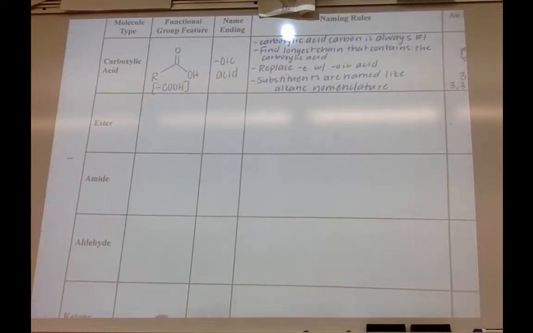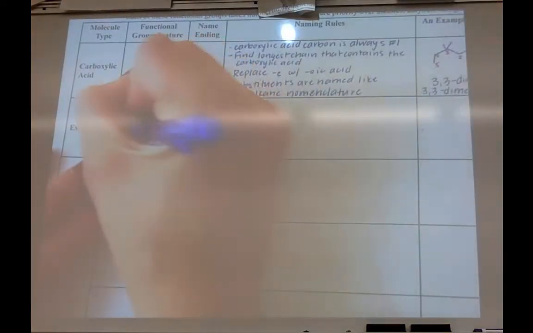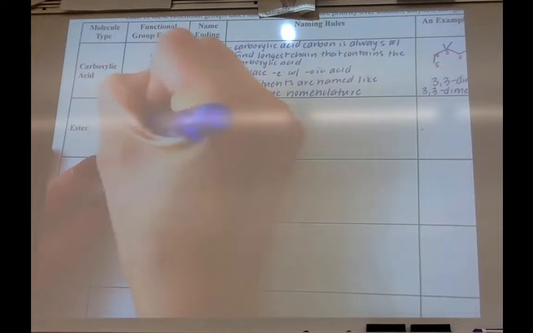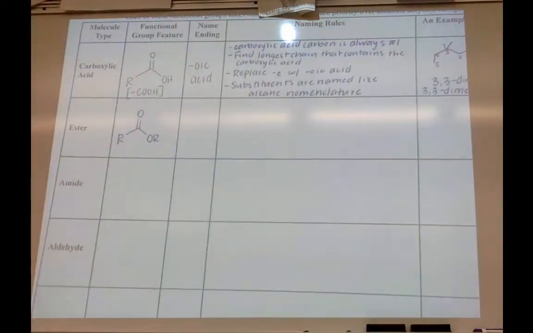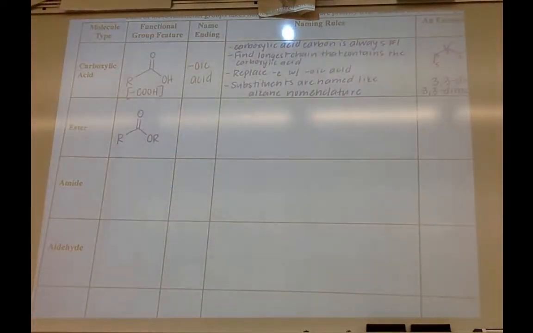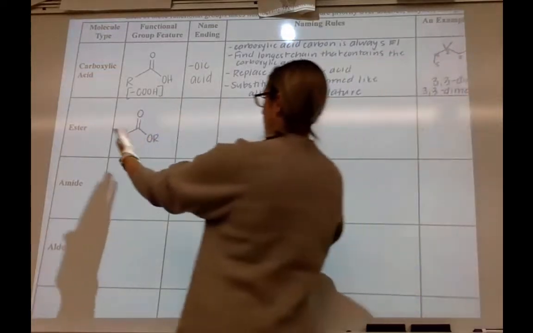Then we come to esters. So again, the general structure for an ester we looked at in the do now is that you have that carbonyl carbon single bonded to an oxygen, and then there are 2 R groups. R groups could be anything over here.